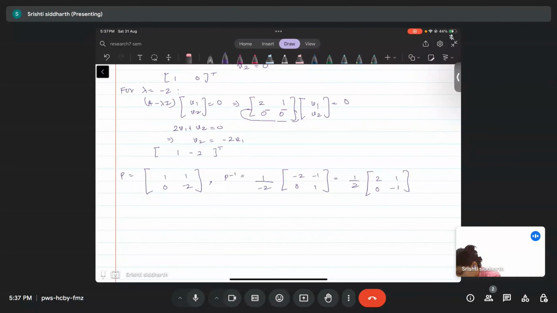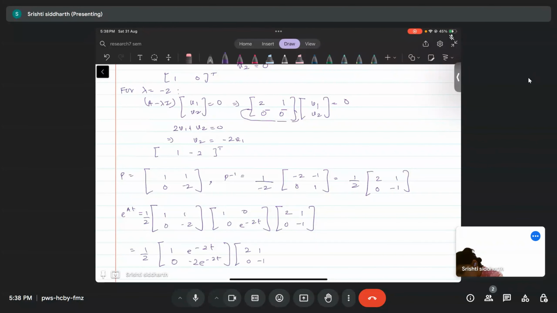Okay, so then what's the state transition matrix? It becomes 1 1 0 minus 2 times e to the power 0t which is 1, e to the power minus 2t, and then you have zeros. So this is half times 2 1 0 minus 1. So we get this, and this.